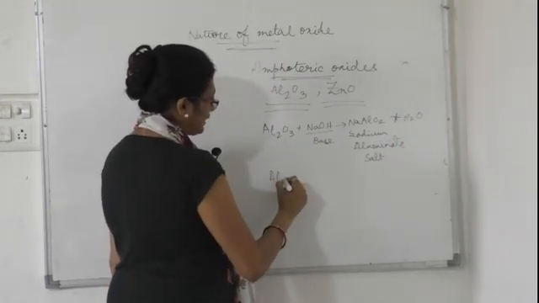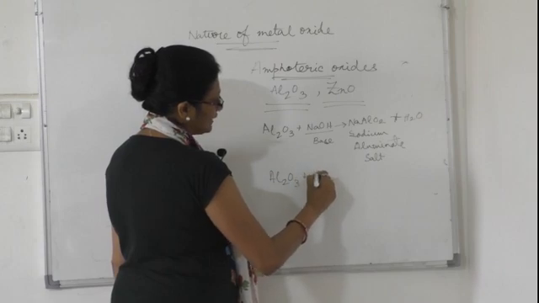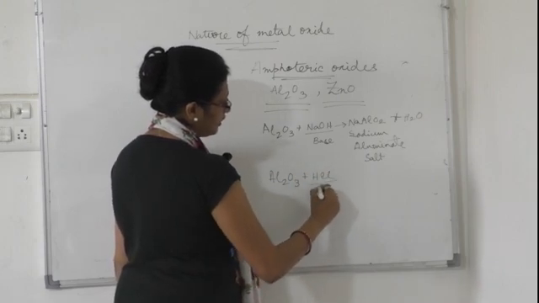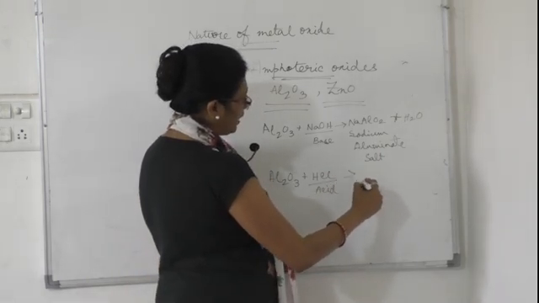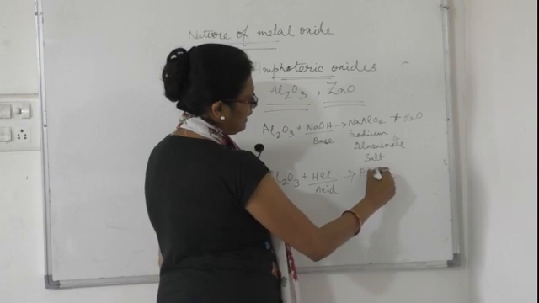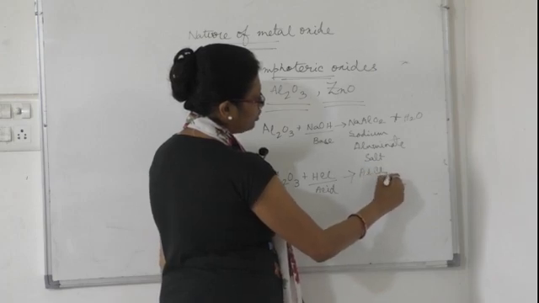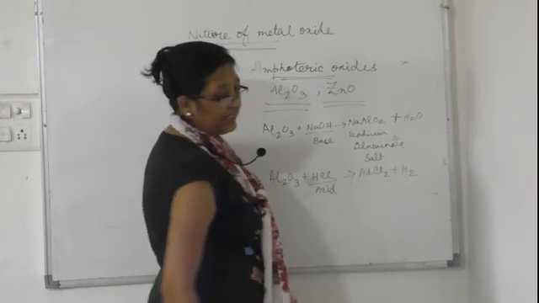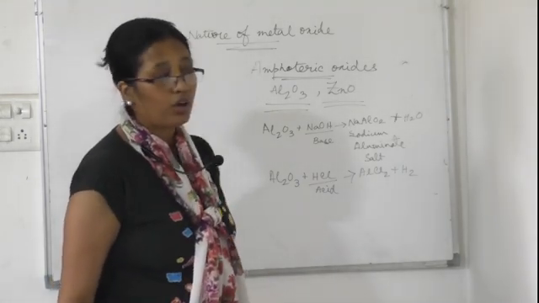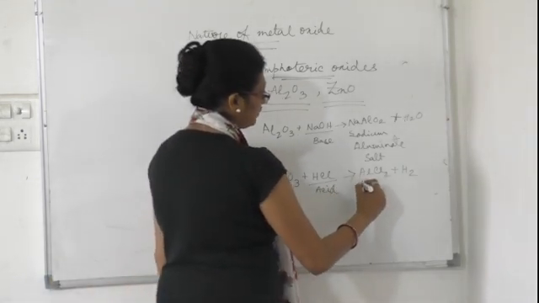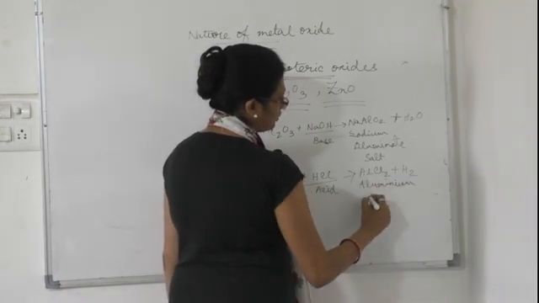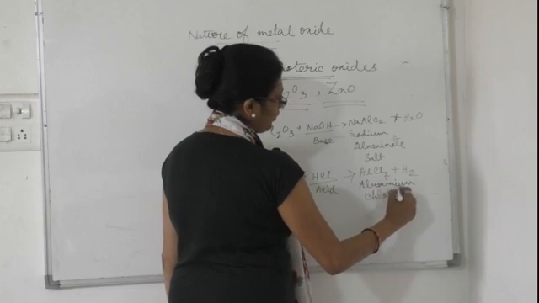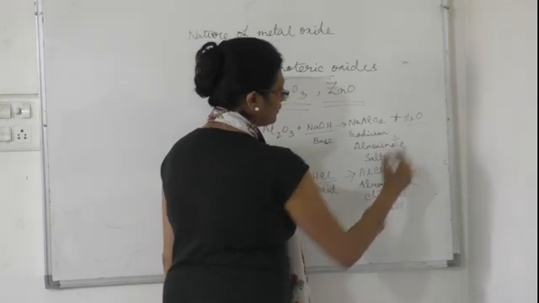Again, if you react aluminium oxide with acid, hydrochloric acid, then it forms AlCl3 plus water, that is aluminium chloride, again a salt, and water.